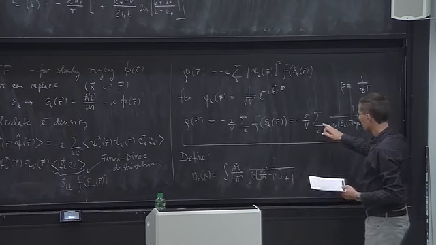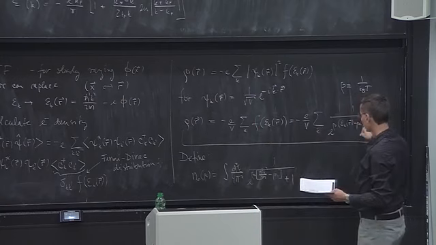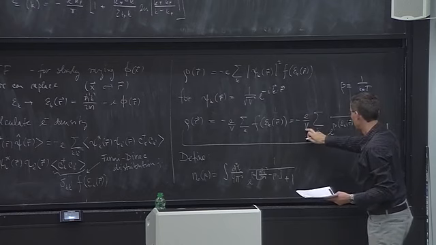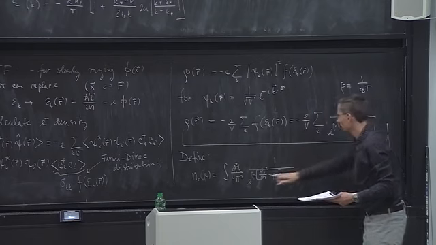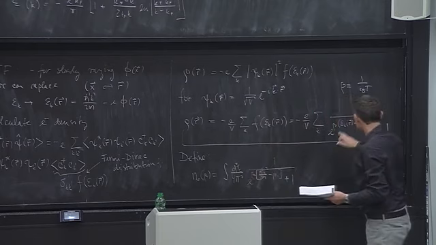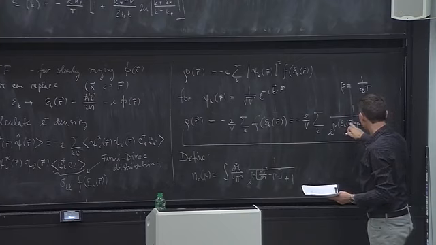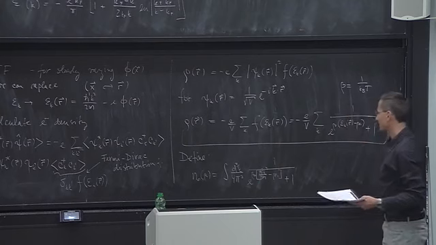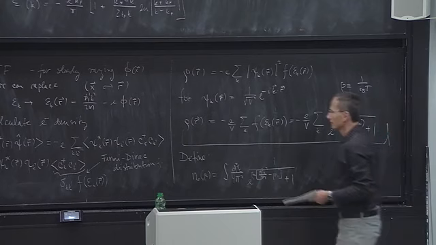So this quantity looks just like this thing here, except I have converted the summation into an integral. That's why I have this. And instead of writing epsilon k of r, I'm writing just the free particle dispersion.